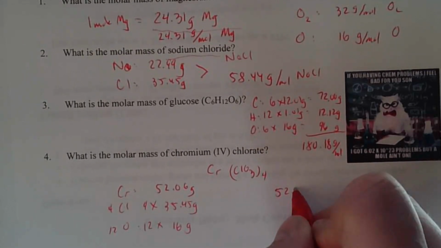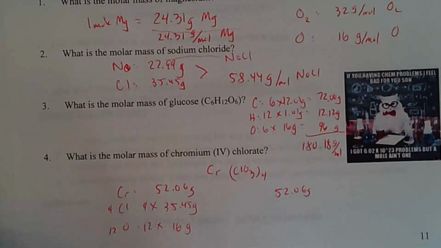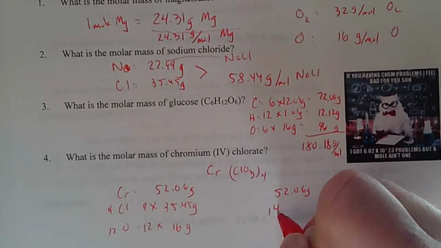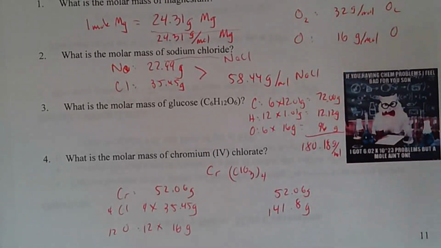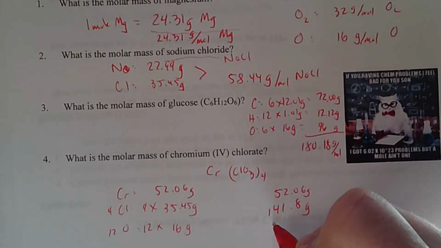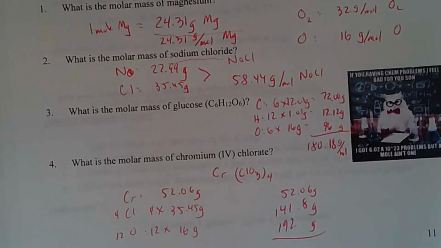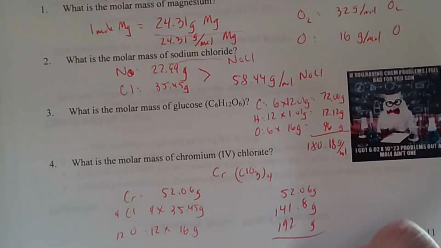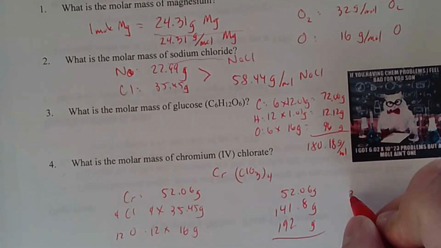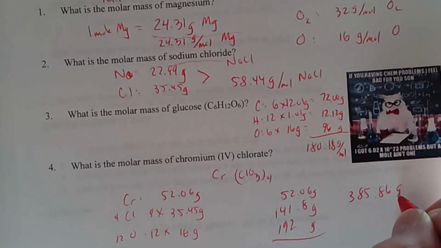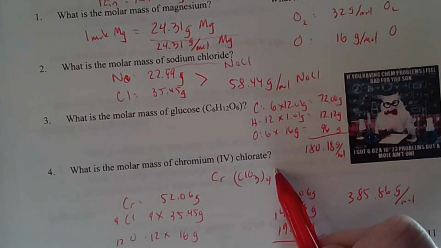So that's 52.06, plus the chlorine, about 141.8 grams, and the oxygen is roughly 192 grams. So a grand total of around 385.86 grams per mole for chromium(IV) chlorate.